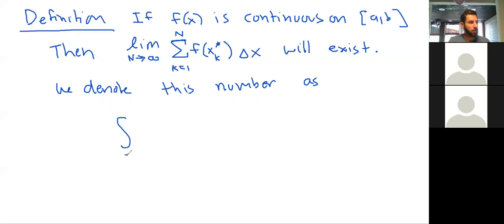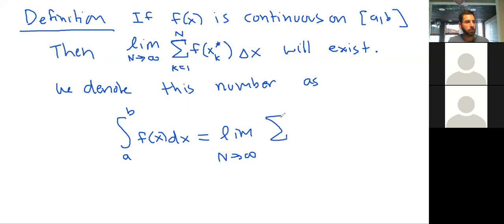We write this elongated S. This is some notation which will become more apparent why we chose it later on. But we denote this number by this.